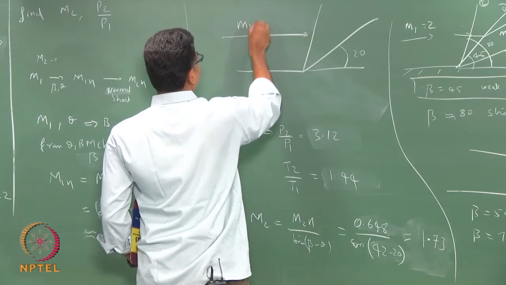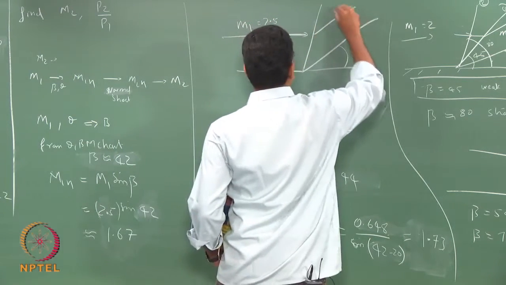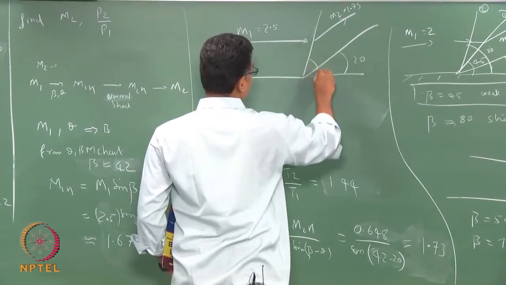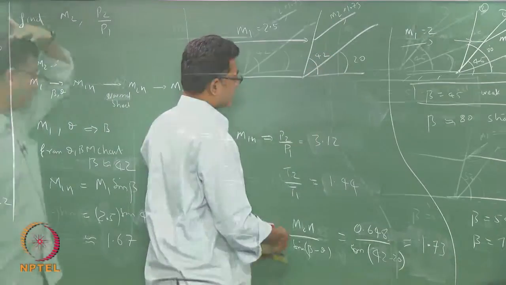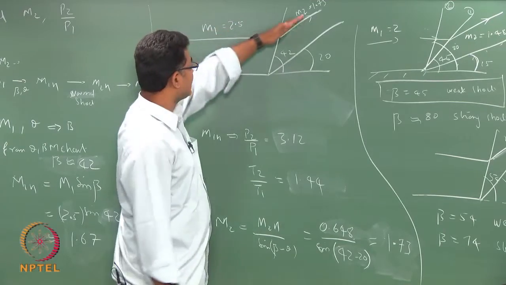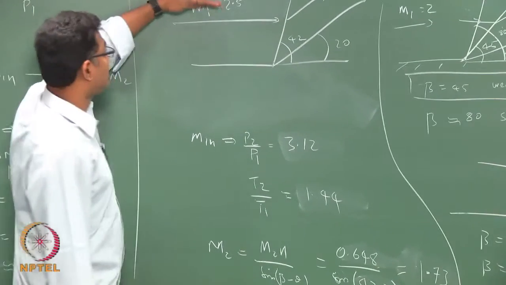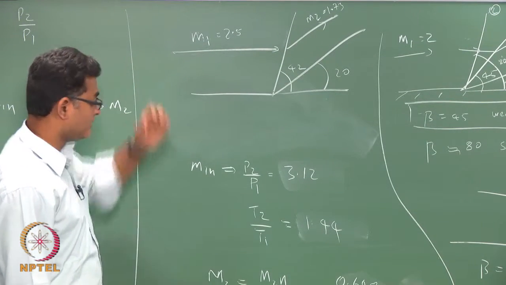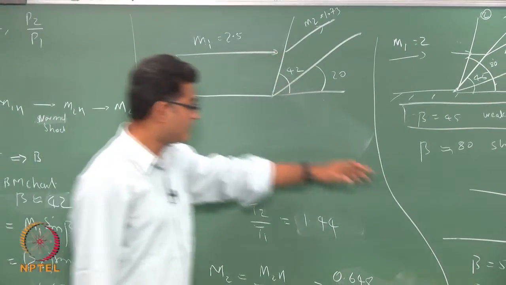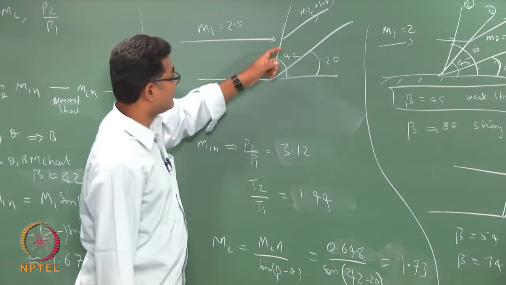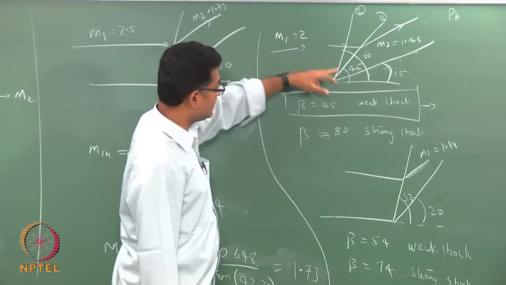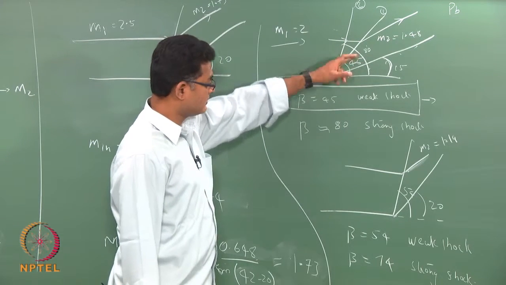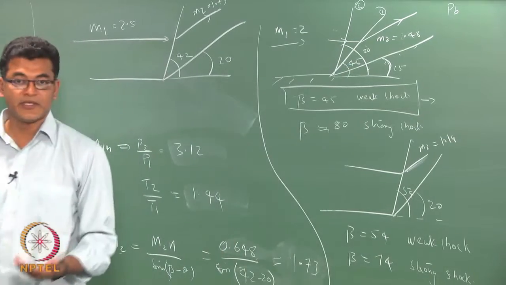I have M1 of 2.5, M2 of 1.73 and beta is 42 degrees. So, the M2 is increasing as you increase your Mach number for a given theta, and the shock is weaker than what you had before, and for the same Mach number for a different deflection angle, you would get a stronger shock if you keep increasing your deflection angle.